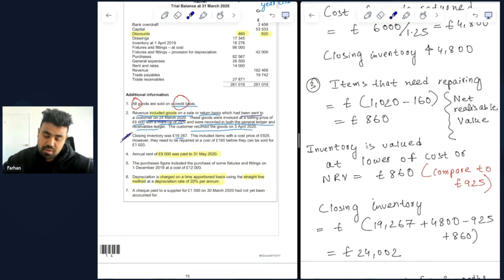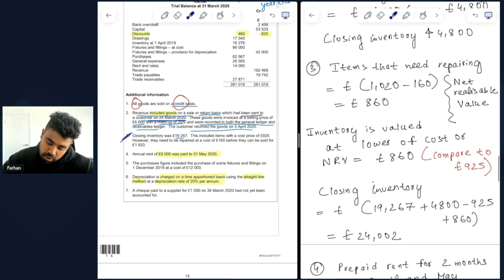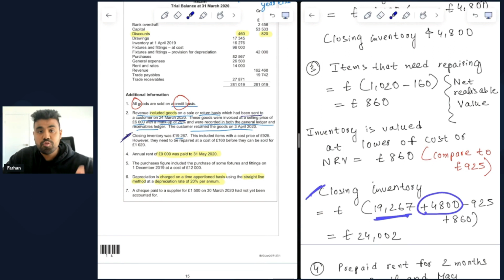Therefore, on that basis, if you were to find the total for the closing inventory, we start with £19,267 that has been originally given to us in additional information 3. Then we add £4,800, which is what we did in the second step with regards to the cost of the items that were returned to us, calculated using the markup formula.